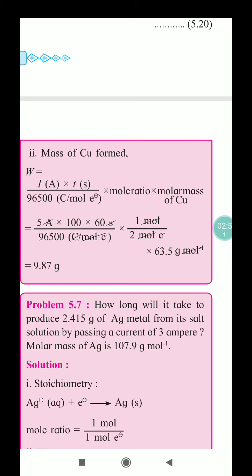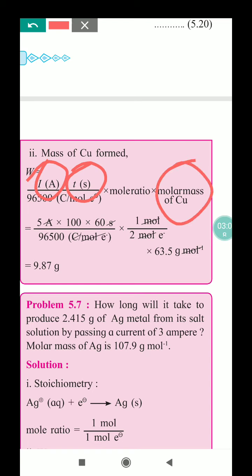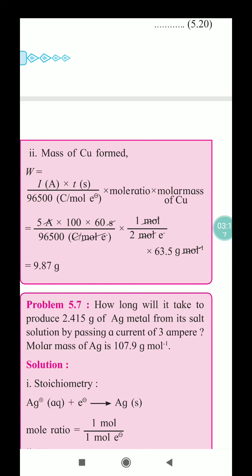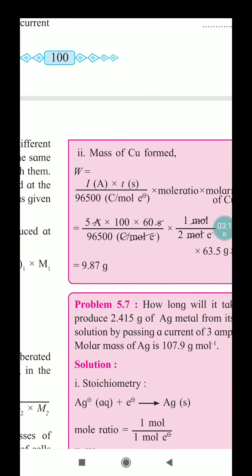The value of I is given, time in seconds is 100 minutes multiplied by 60 seconds, molar mass of copper is given, and mole ratio is 1 by 2. So by putting these values we get the mass of copper formed at the cathode as 9.87 gram.